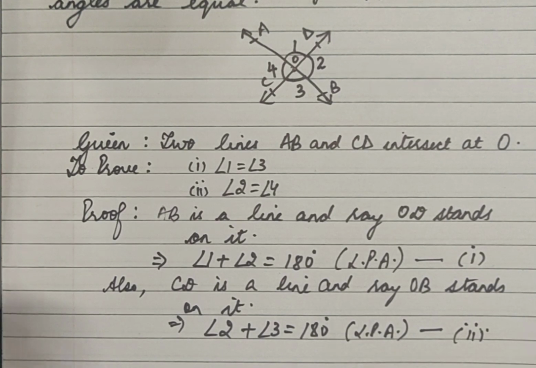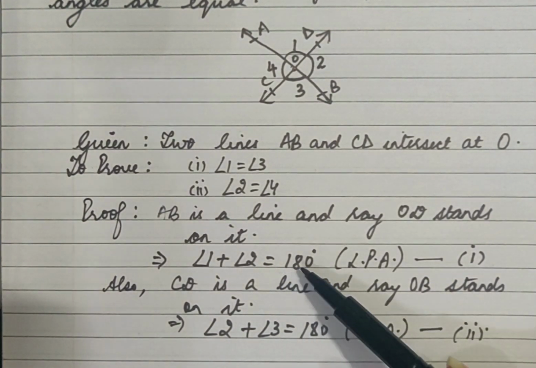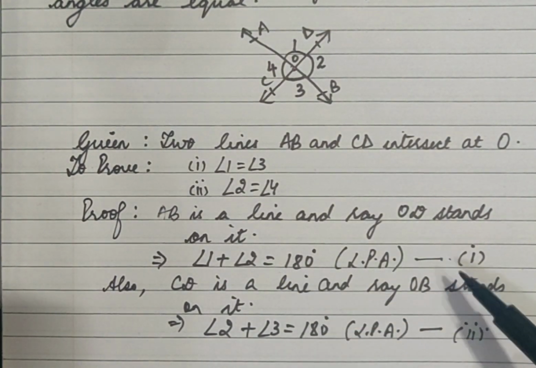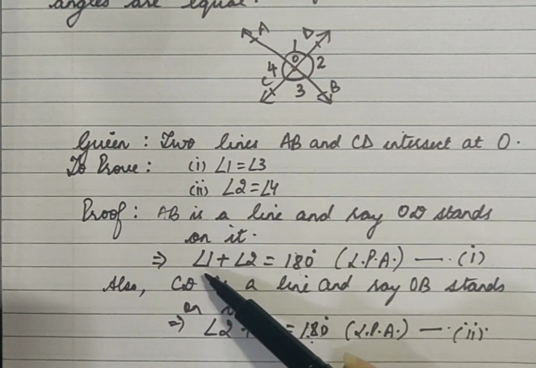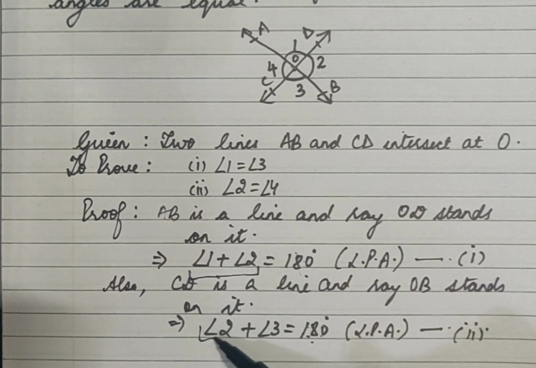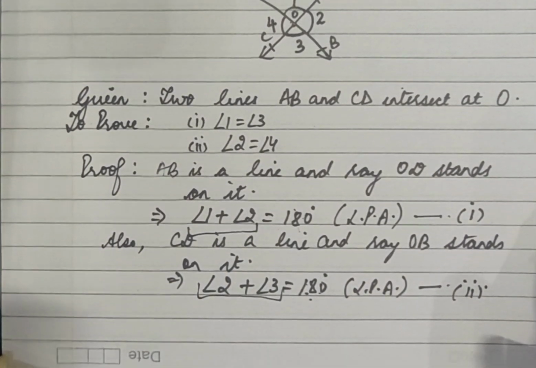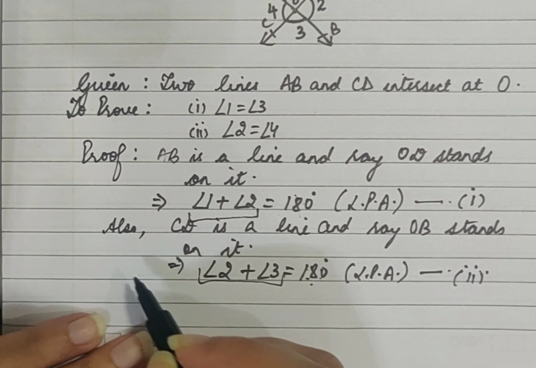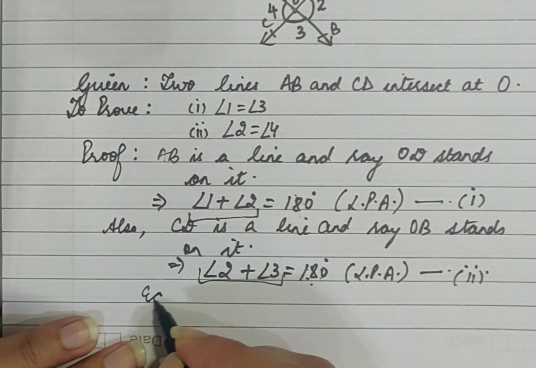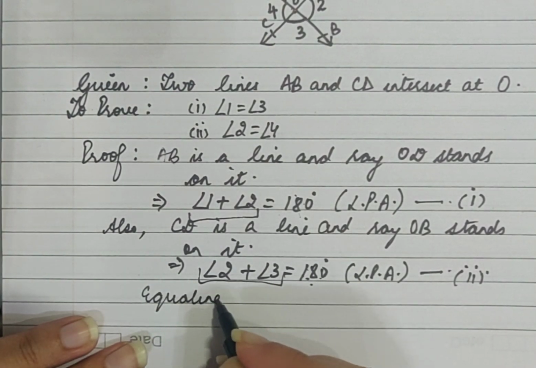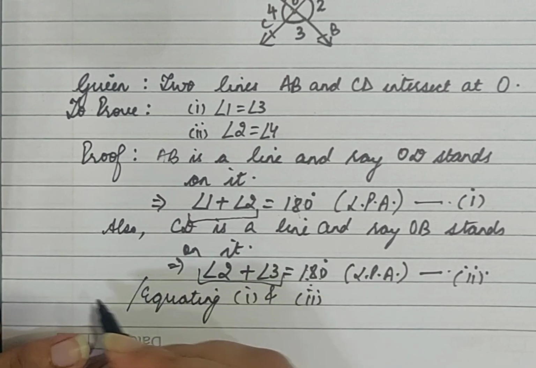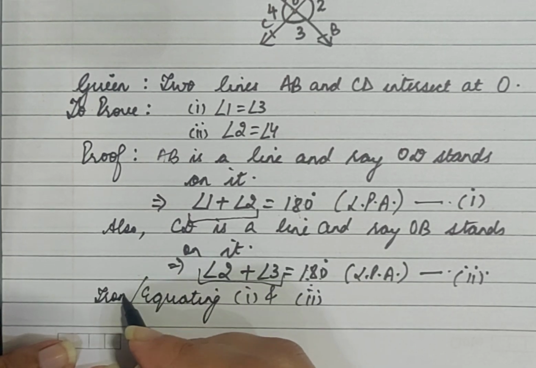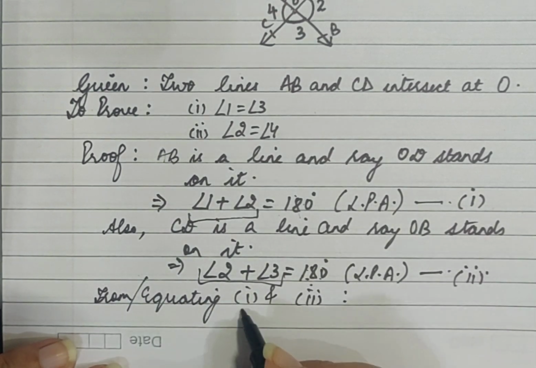Now see, right hand sides of equation 1 and equation 2 is equal. Both are equal to 180. If right hand sides are equal, that means we can compare their left hand sides. So equating 1 and 2, or we can say from 1 and 2, what we can reduce?